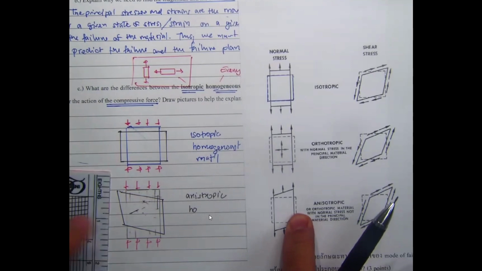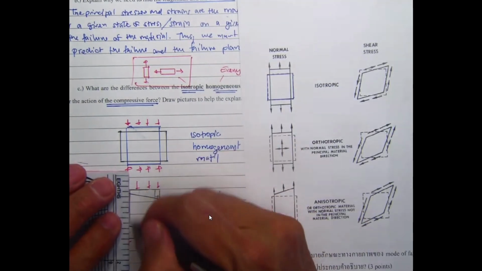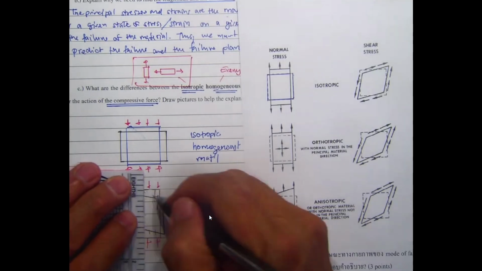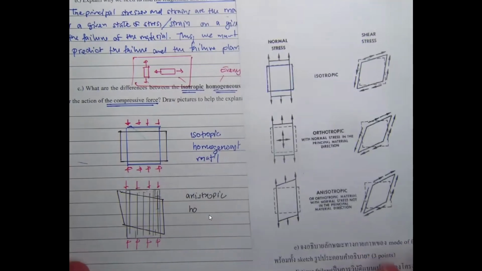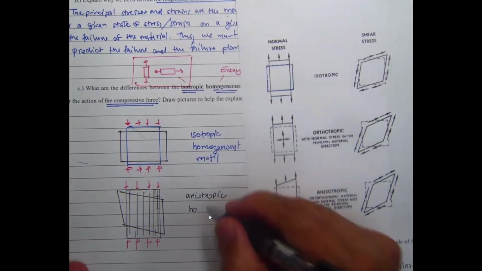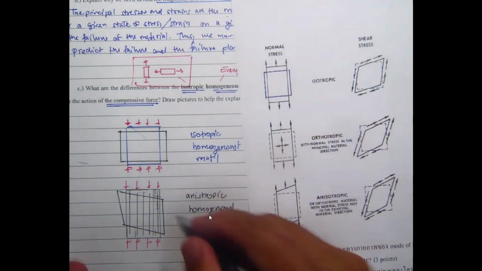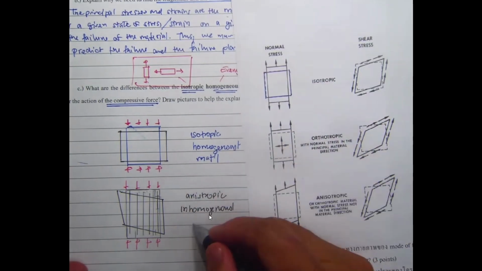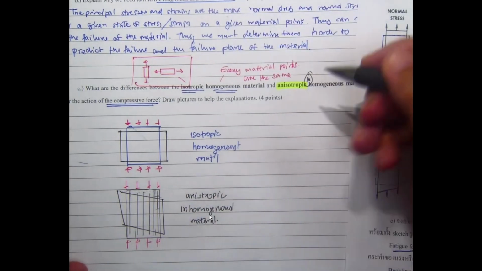It may have this kind of direction. Actually, I should put anisotropic and inhomogeneous material like this. This one should be inhomogeneous.